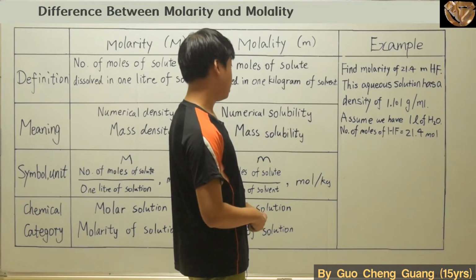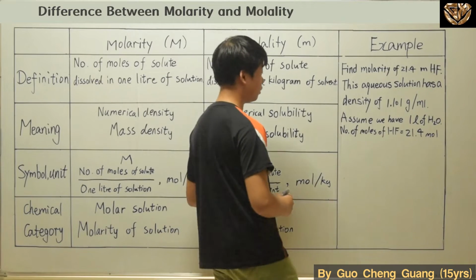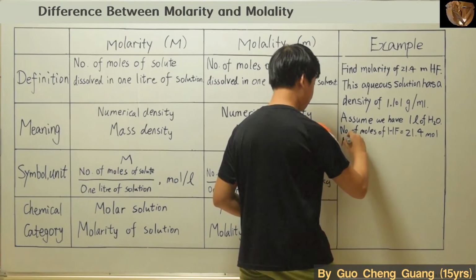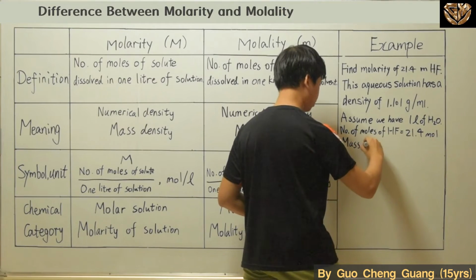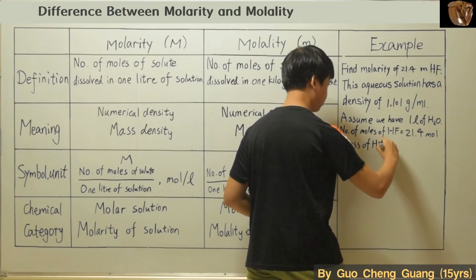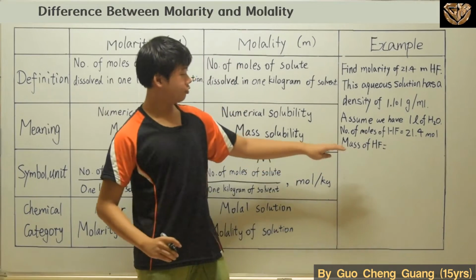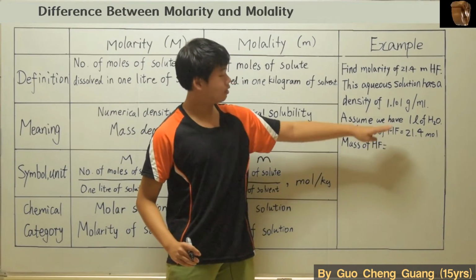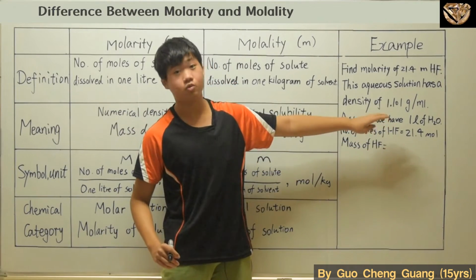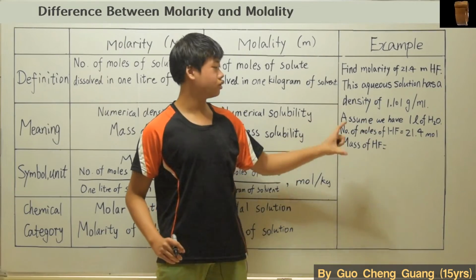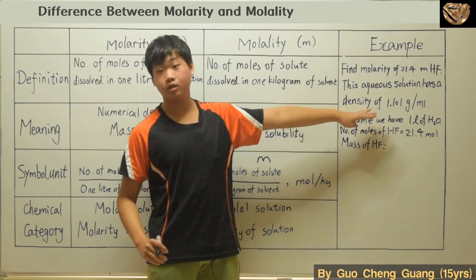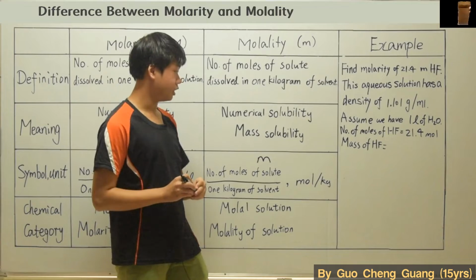So let's say we can find the mass of HF to help. Since you have a mass and H2O, we already know its mass, which is 1 kg, then we could use those information to find how much exactly do we have over here.